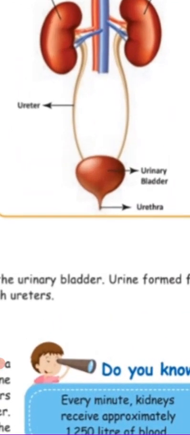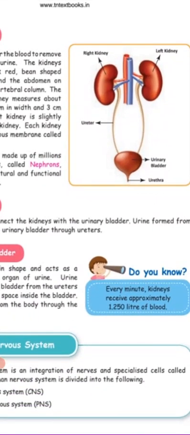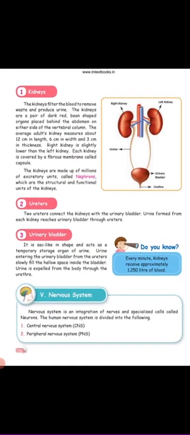It acts as a temporary storage organ of urine. Urine entering the urinary bladder from the ureters slowly fills the hollow space inside the bladder, and it is expelled out through the urethra.